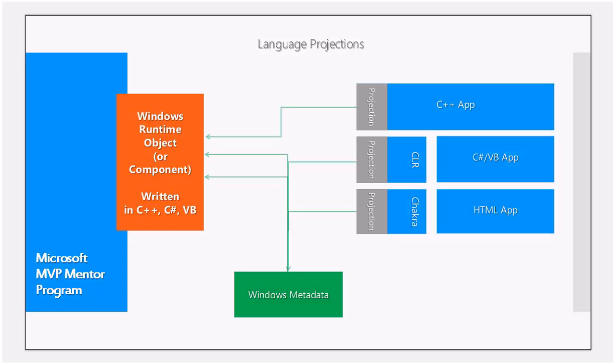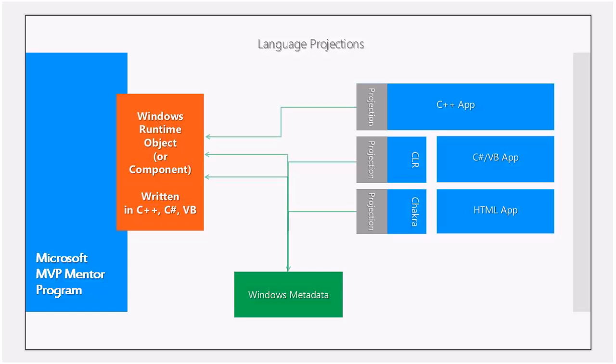You've got your C++ application, your C# or Visual Basic application, which interacts with the CLR, and you also got HTML, which interacts with the JavaScript engine. No matter which technology or language you choose, it projects using the Windows metadata, and that is interpreted and processed by the Windows runtime.